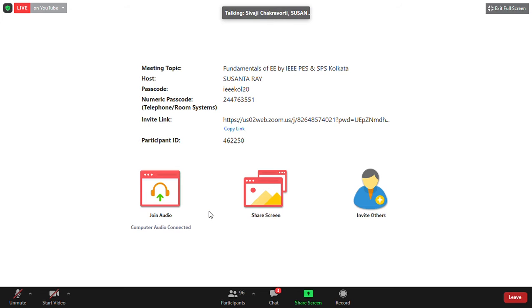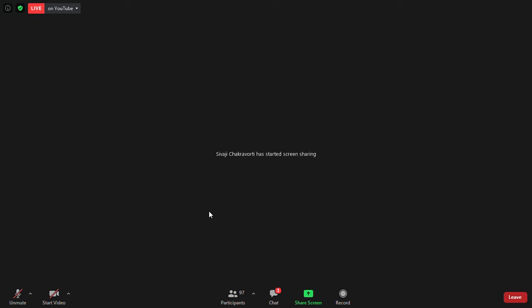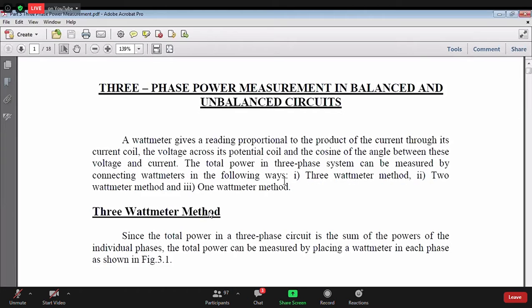Since I'm presenting through the browser, I am finding only the Chrome tabs. Then, yes, now I have got it. I think you can see now. It's just taking time to come. It's coming now.